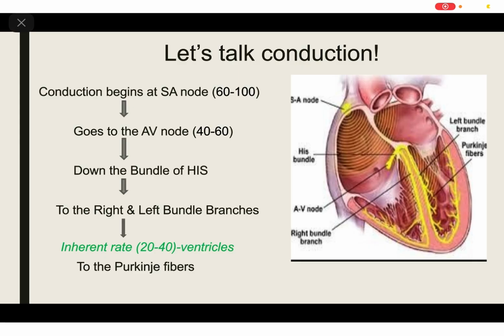Its primary rate, where it likes to stay, is 60 to 100. Okay. Well, what happens if one of our pacemakers fails? We have about three backups in case our primary pacemaker fails.